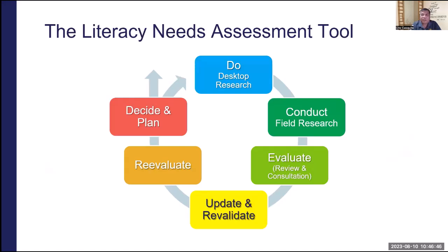And if there are discrepancies, we can update and revalidate it again in the community and then give it back to the Global Literacy Office for reevaluation. And then we can have a recommendation if we need to do another cycle of the tool, the literacy needs assessment, or we can continue to planning already for the literacy project.